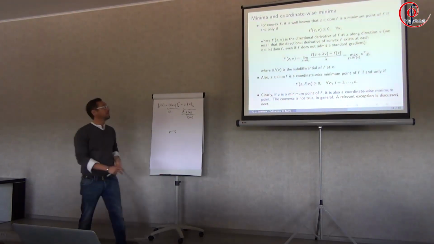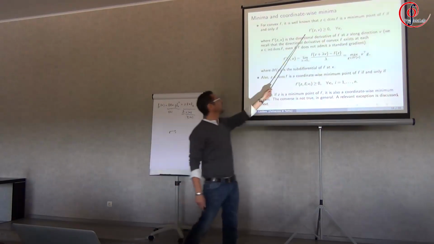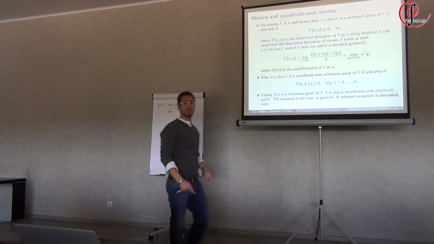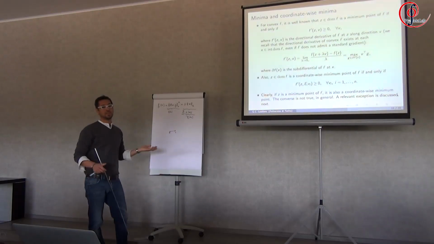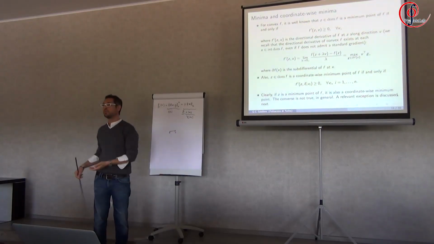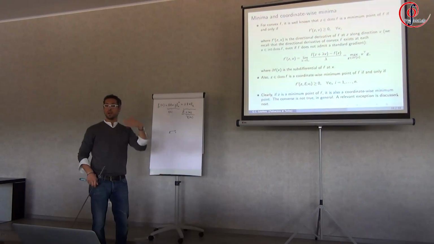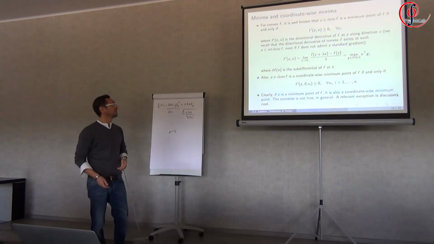So I am at a minimum. This is an equivalent characterization of a minimum for a convex function. It means that there is no direction I can move along which I can decrease my objective. Okay?